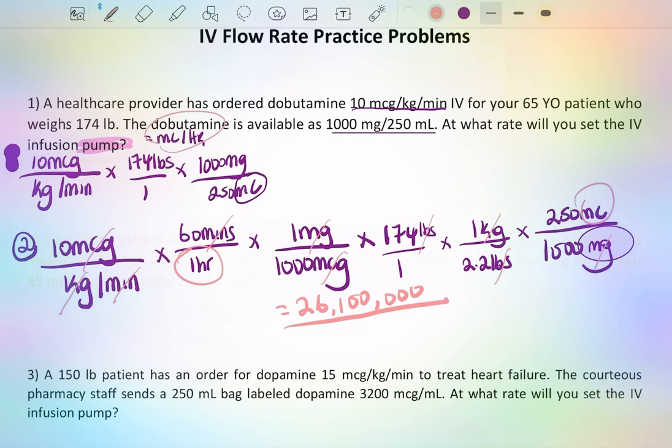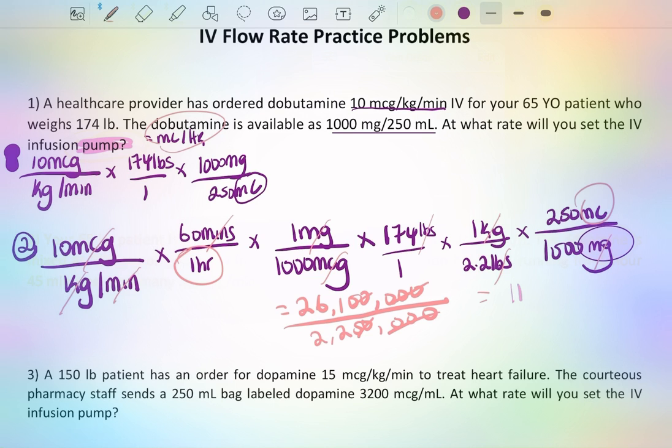Now, for the bottom, we're going to say 1,000 times 2.2 times 1,000 times 1,000 is equal to 2,200,000. Now, y'all know I don't work with zeros, so I take the zeros out, and we're left with 261 over 22.